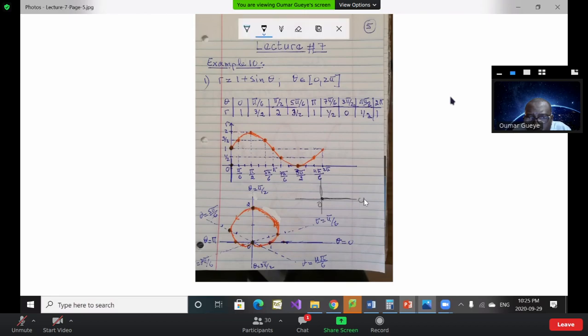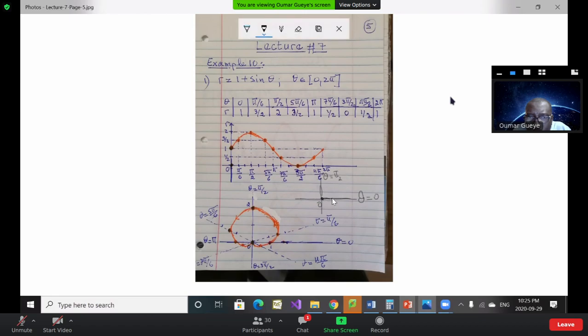For the vertical one, theta equals pi over 2, because we have a right angle.